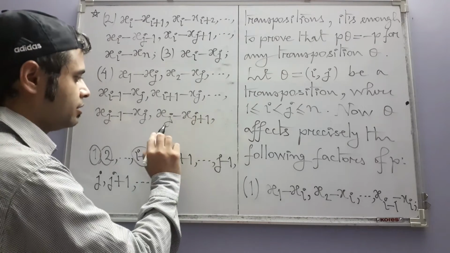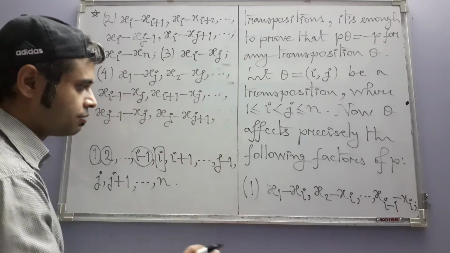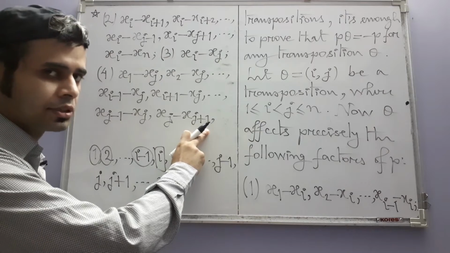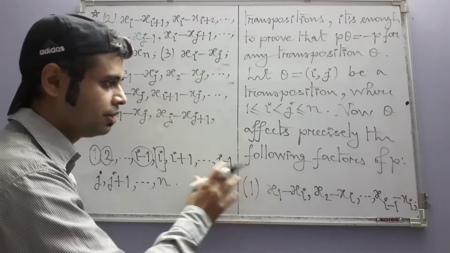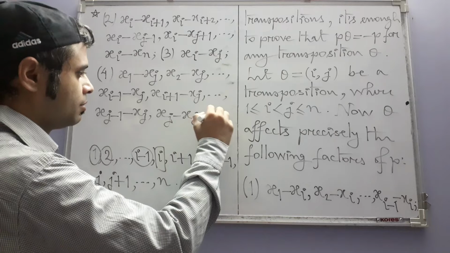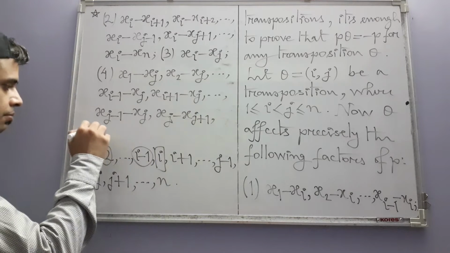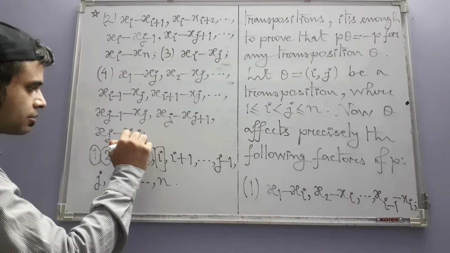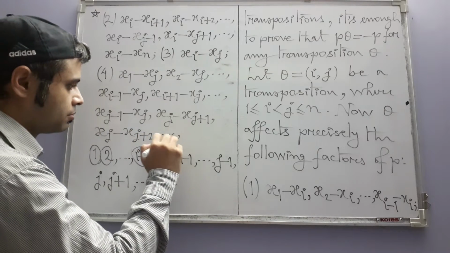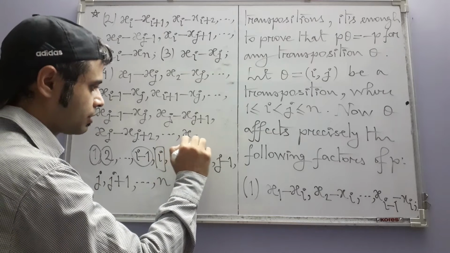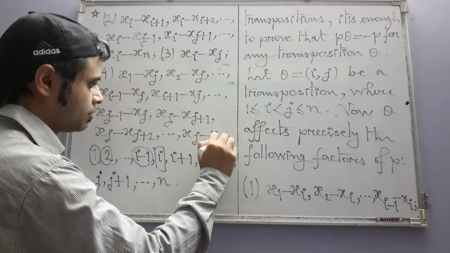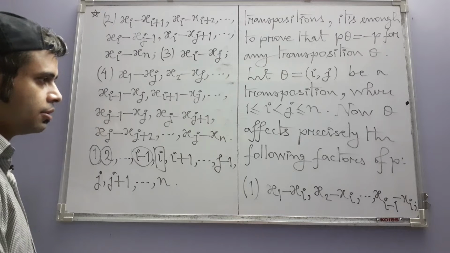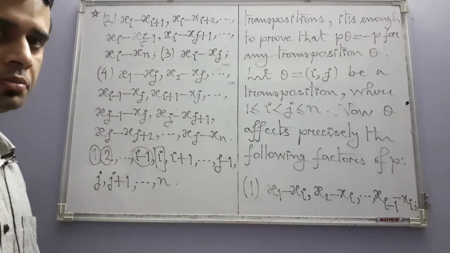Always keep this in mind, that whatever factors you are writing, the first suffix should always be less than the second suffix, because that type of factors only we have in the polynomial. And then let me write one more, xj minus xj plus 2, and finally xj minus xn. Okay, so these things will be affected.